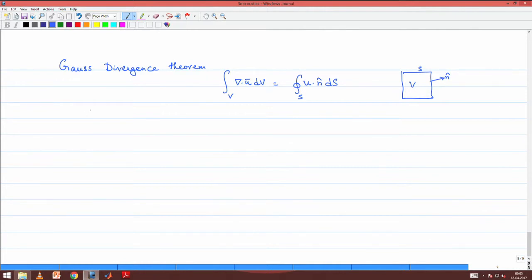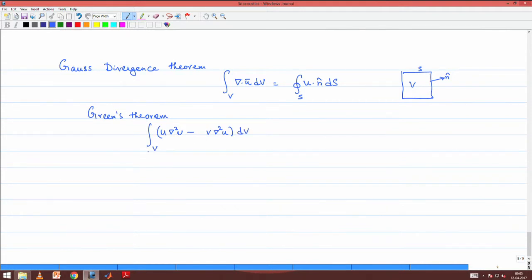We are going to use this theorem to prove what is known as Green's theorem in vector calculus. Green's theorem talks about the reduction of integrals of this form, u del square v minus v del square u, where del square is the Laplacian.